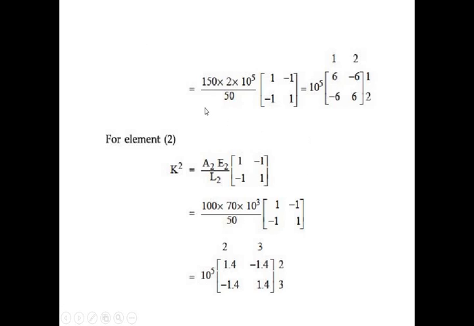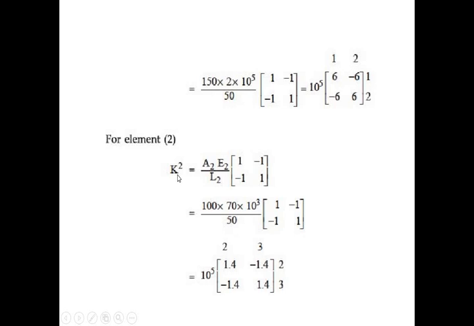By putting in the values, you get the final answer as 10 raised to the power 5 times the matrix [6 -6; -6 6]. On the top of this matrix 1 and 2 is written, and on the right hand side 1 and 2 is written, which represent the end nodes of element number 1.